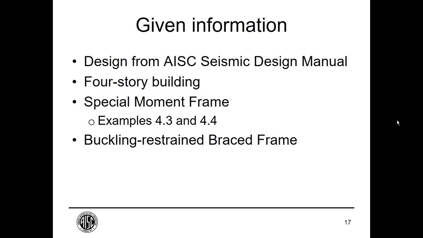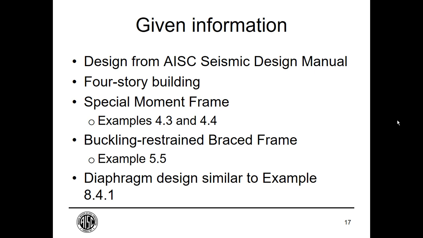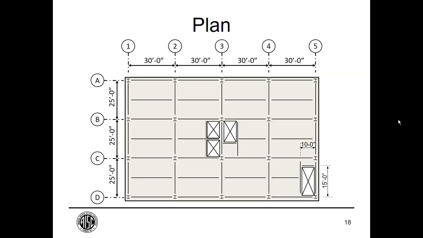In the other direction, we will use buckling restrained braced frames, which are covered in example 5.5. And then the diaphragm example, which is from section 8 of that manual. This is a typical floor layout. It has some openings. They don't affect the design too much, but when we get into diaphragms, we will count on the diaphragm that's there, considering the opening.